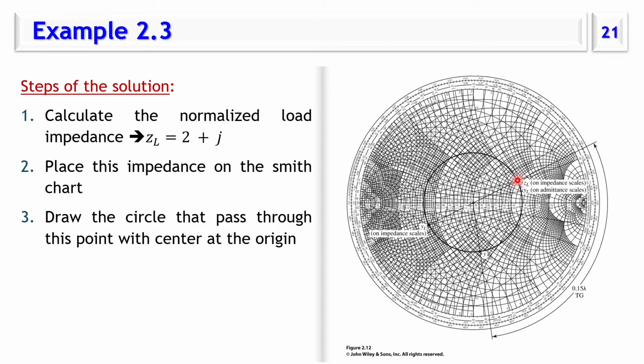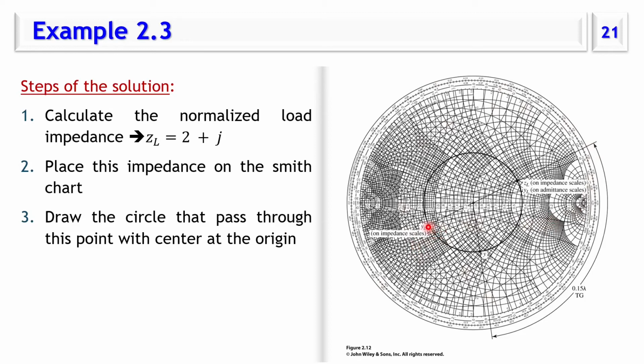If we are using one chart, we'll draw this circle here. This is the circle of constant reflection coefficient. So this is ZL on the impedance scale. If we want to find YL on the same impedance scale, we go here. This point would be YL, the admittance we read on the impedance scale.